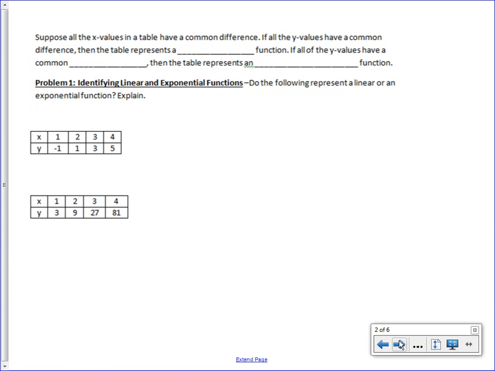All right, suppose all the x values in a table have a common difference. If all the y values have a common difference, then the table represents a linear function. If all of the y values have a common ratio, then the table represents an exponential function.